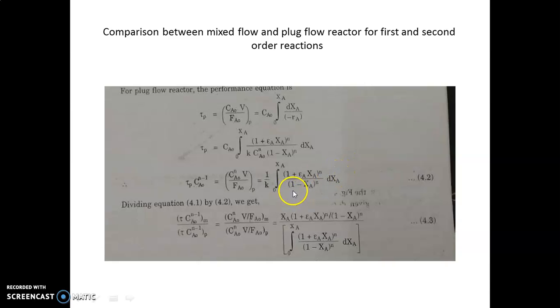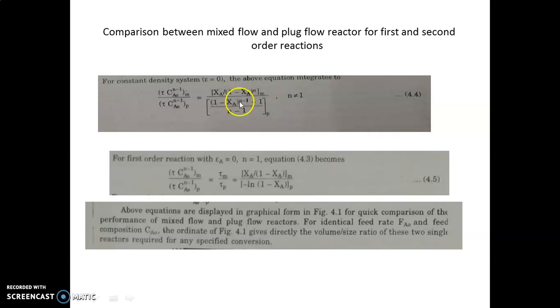Then after that we have to divide both equations. That means equation number 4.1, which represents the performance equation of mixed flow reactor, and equation number 4.2, which represents the performance equation of plug flow reactor. So here both equations are divided, and we obtain equation number 4.3.